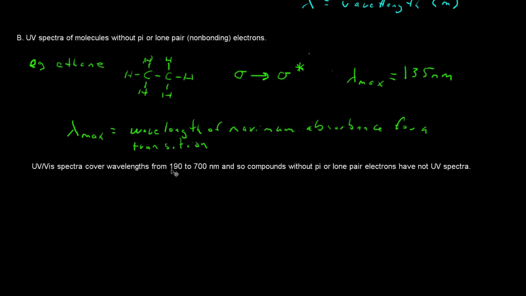And so if you want to get a spectrum of a molecule that absorbs only in the region below 190 nanometers, you have to exclude all the atmospheric gases. And for that reason, the wavelengths that occur below 190 nanometers are often referred to as vacuum UV. That is, they can only be observed under vacuum, excluding atmospheric gases. So this effectively limits the typical range of UV visible spectroscopy.